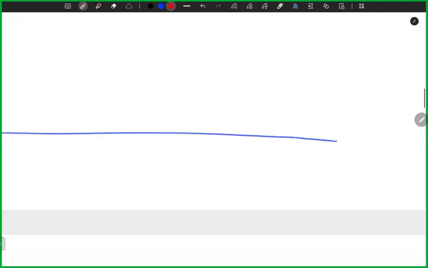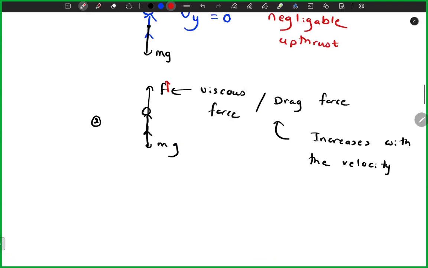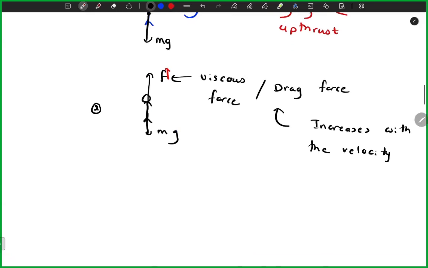So now we have some situation where the viscous force F upwards will become equal to mg. We reach terminal velocity.